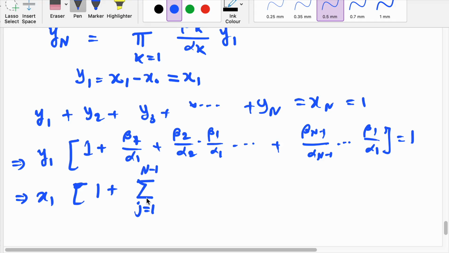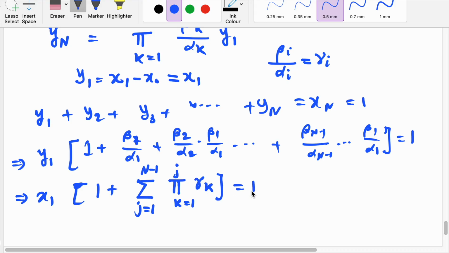This can be written as x1 times 1 plus the summation over j equal to 1 to n minus 1. Now for j equal to 1 you see only one multiplication, so let beta i by alpha i be denoted by gamma i. Then it is the product over k equal to 1 to j of gamma k, equal to 1.